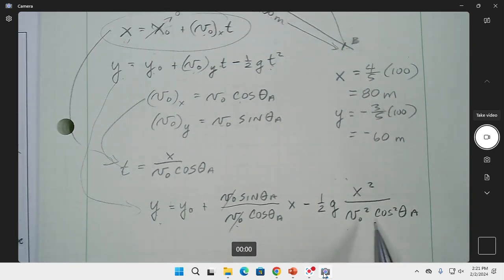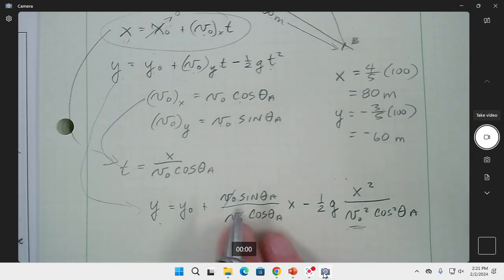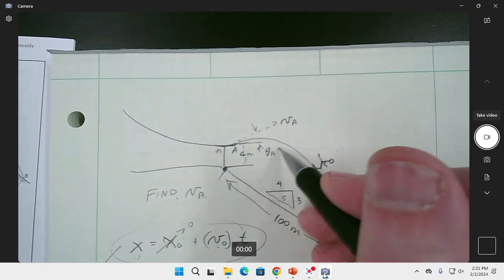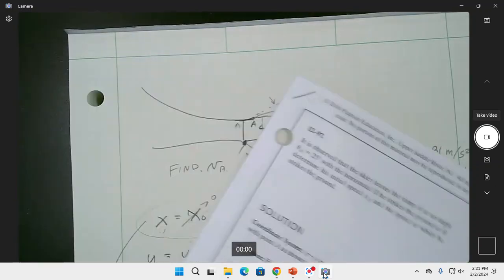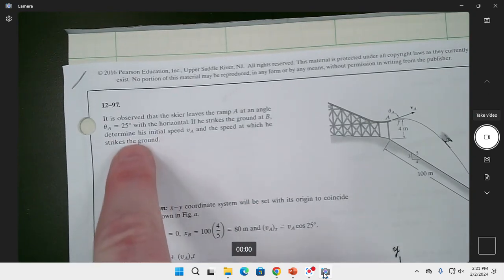But the good news for this problem is we now know everything here except for V0. 25 degrees, I'm sorry, I did not. But you're absolutely right, it was written. It wasn't written on the diagram, so I didn't put it out there. It was written right there. Thank you for reminding me.